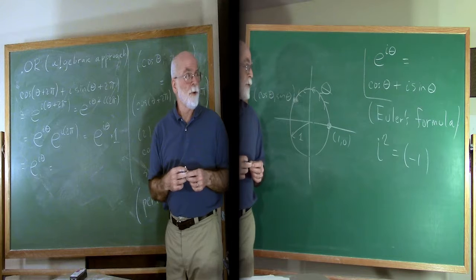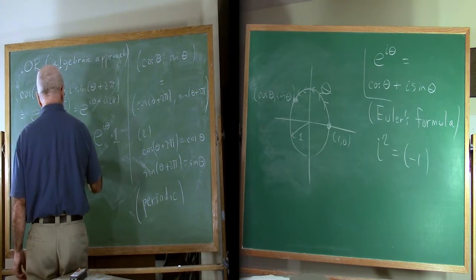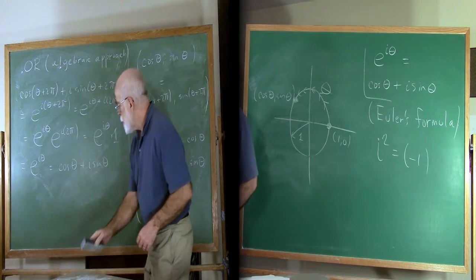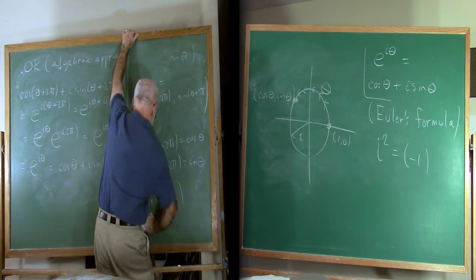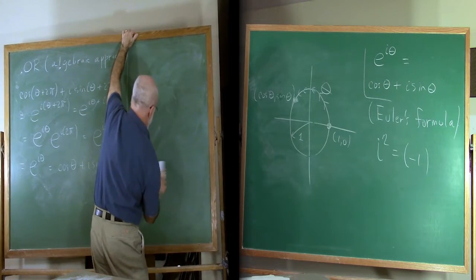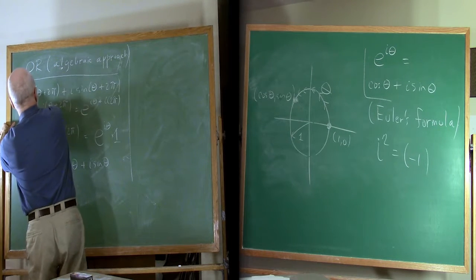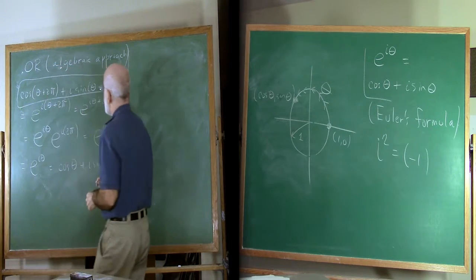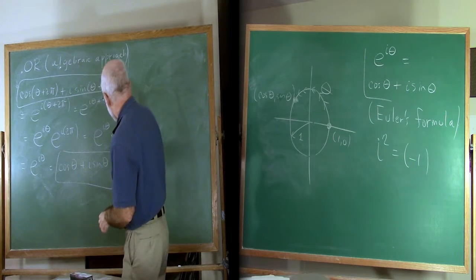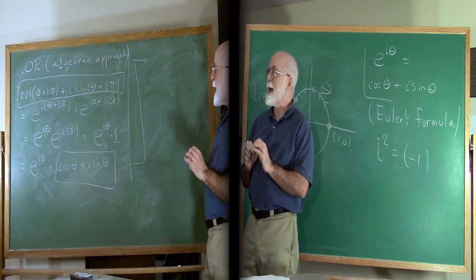Let's apply Euler's formula again: cosine theta plus i sine theta. In order for this number here to match this number here, each part has to match.